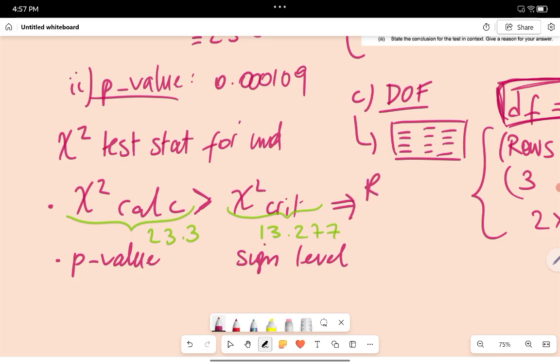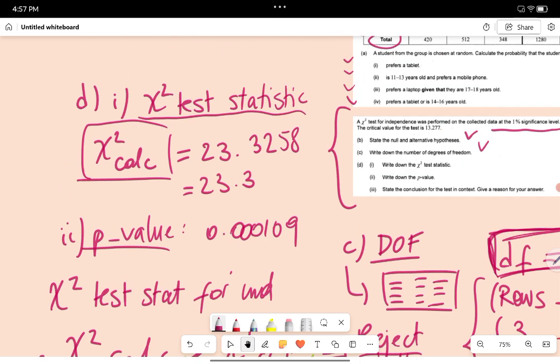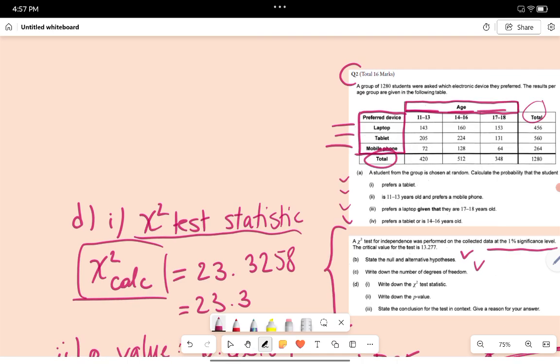We reject the null hypothesis. So we reject the fact that our variables are independent, so we conclude that they are dependent. We basically conclude that the preferred device and the age are dependent.